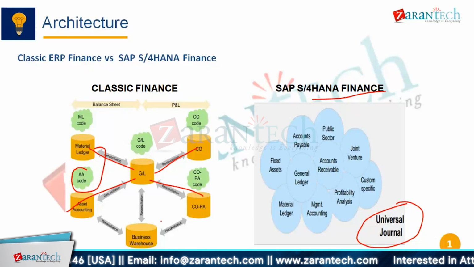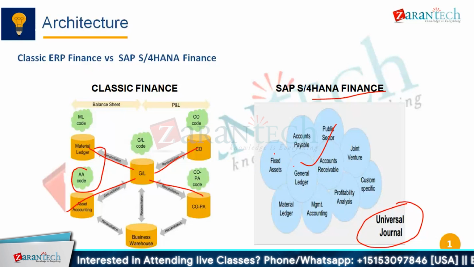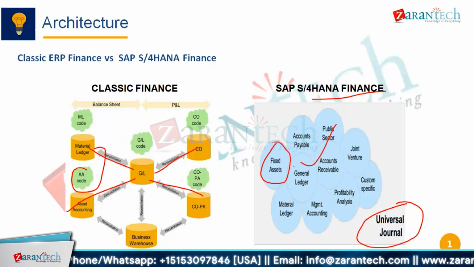If this is not matching, we need to check which transactions are not matching. But here the concept is completely different, because the GL related transactions and fixed asset related transactions are stored in a single source table. So we don't need to perform the reconciliation at the end. This is getting auto reconciled now in the S/4HANA system.